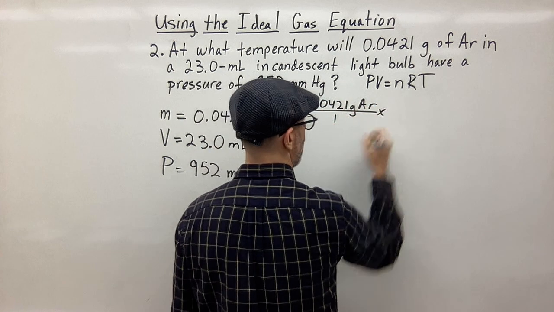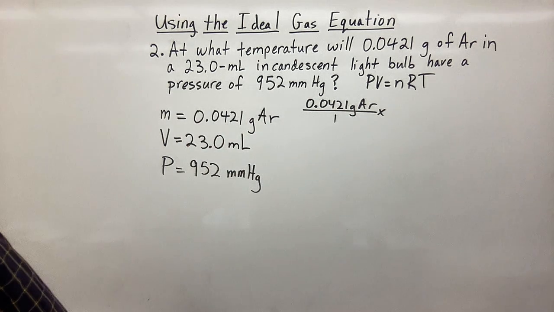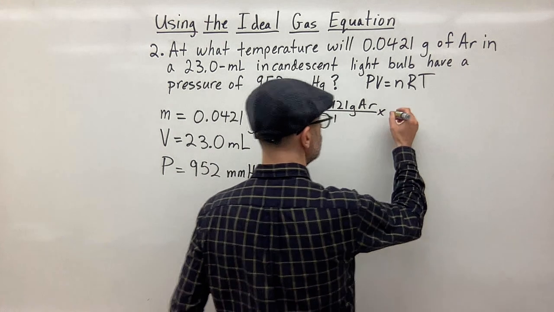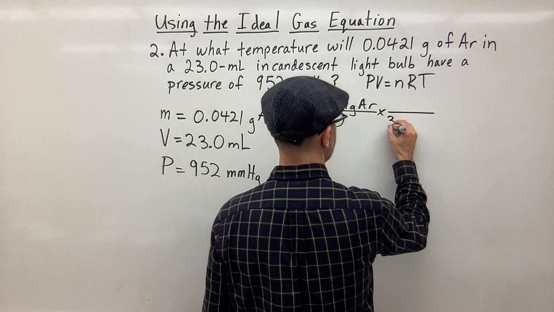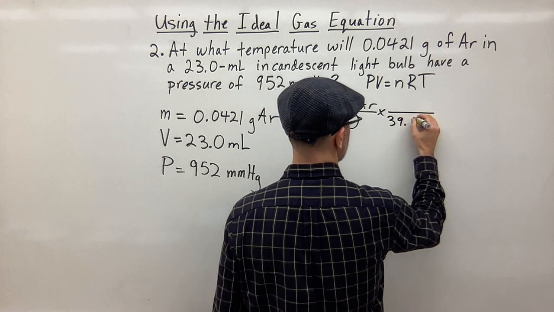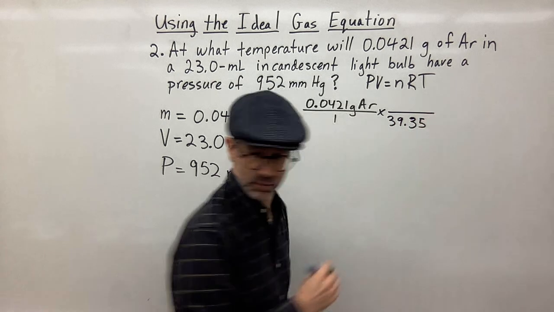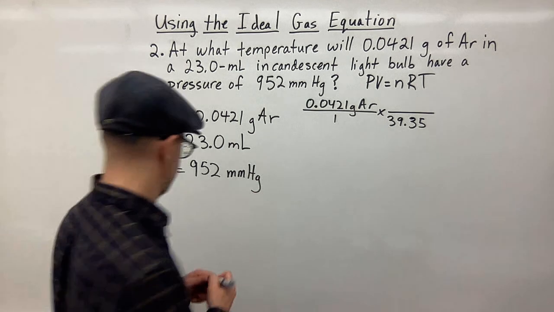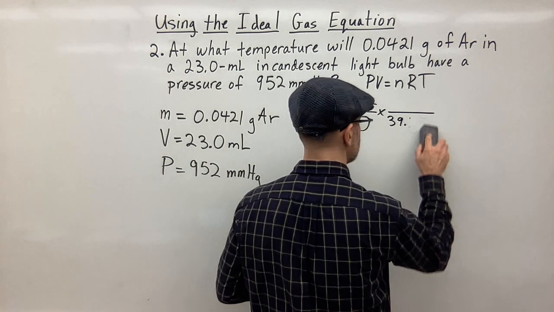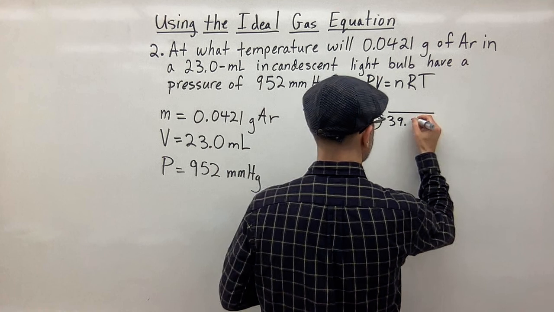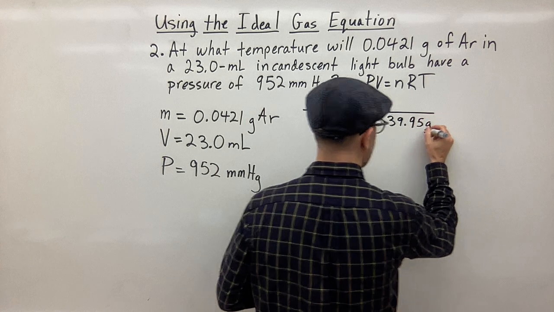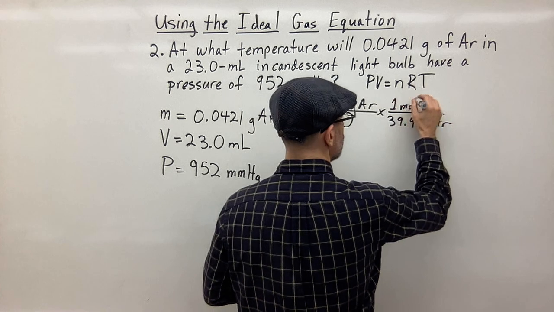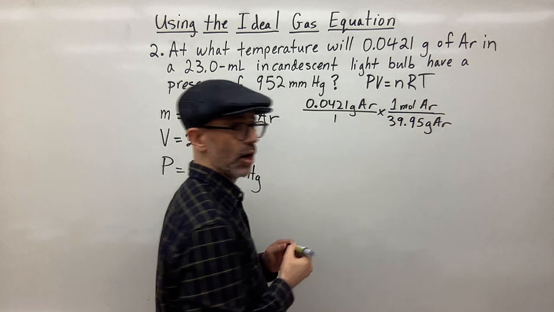On the periodic table, argon has 39.95, let me double check that again. 39.95 grams of argon per 1 mole of argon.